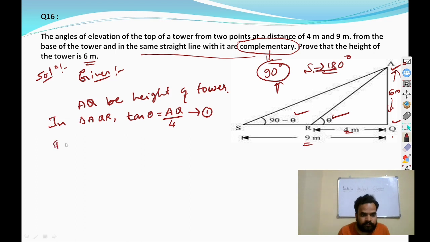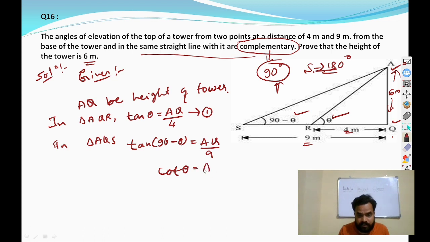Now in triangle AQS, tan of 90 minus theta is AQ by 9. Formula we studied, the complementary angle formula: tan of 90 minus theta is cot theta, which is equal to AQ by 9. I will take this as equation 2.